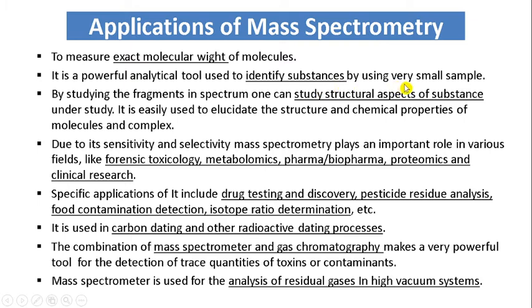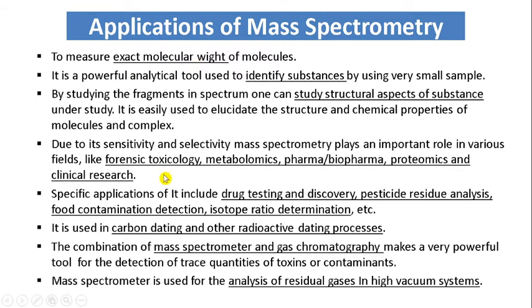The sample required is in a very small quantity, but we cannot recover that sample because it gets destroyed. By studying the several peaks in that mass spectrum, as we discussed earlier, we can study various structural aspects of substances along with the exact molecular weight.